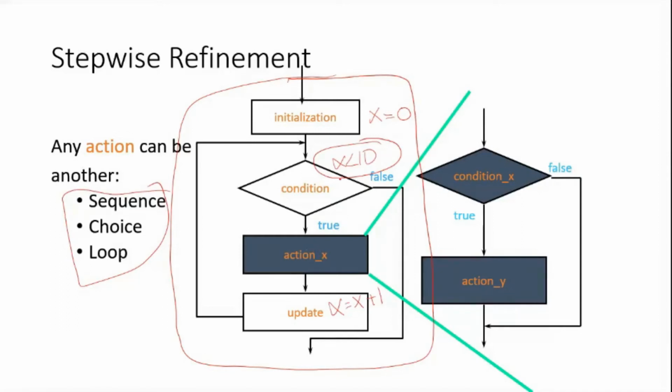And if x is not less than 10, say when this loop iterates 11 times, x becomes 11, because in each iteration x is increased by 1. After 11 iterations, x becomes 11. Or if x becomes 10 itself, then also x is not less than 10. In that case, this condition becomes false, so it goes to some other statements, some other actions.